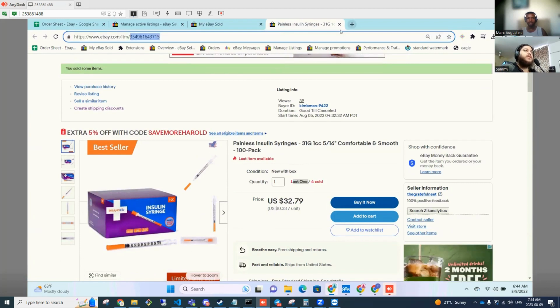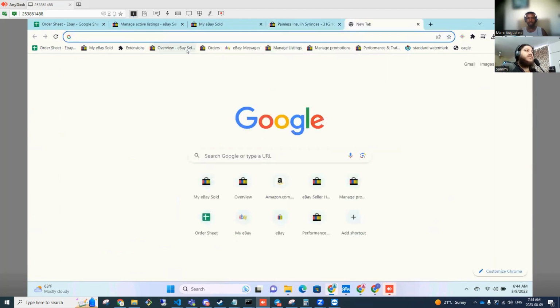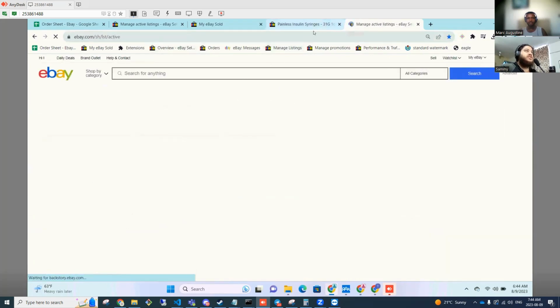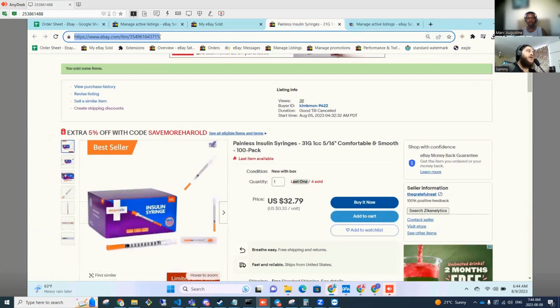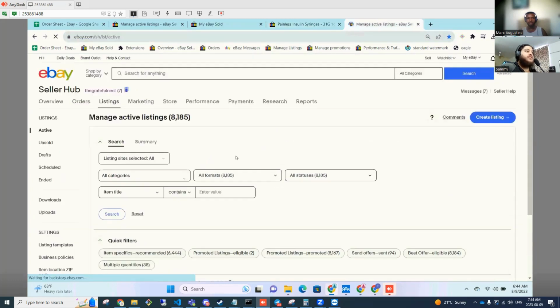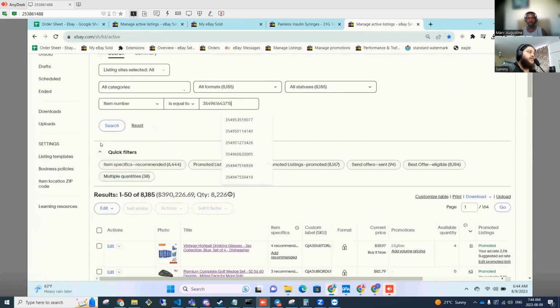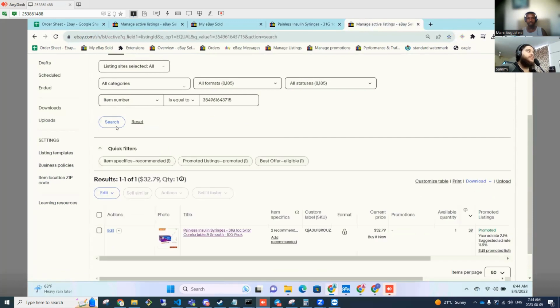So let's do that. If I go to my active listings, I'm just gonna search the item number. I grab the item number at the top, and then we're gonna go ahead and grab the item number right over here and put it in, and then there you go. And you know what?